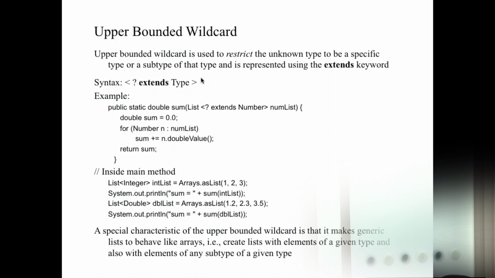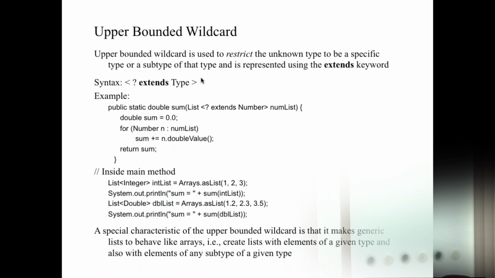In this case, when we use the extends keyword, it means that the type you can use should be either the type that you specify here or its subtype. Let's see the code here.